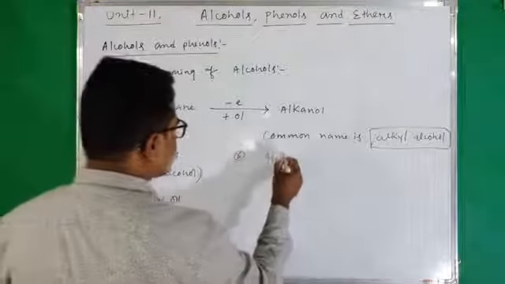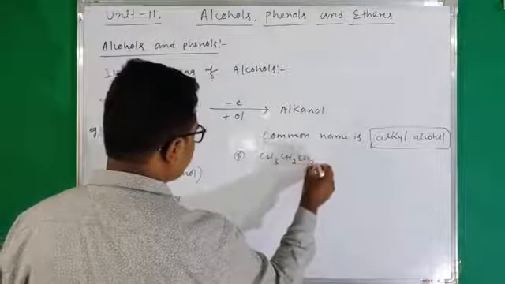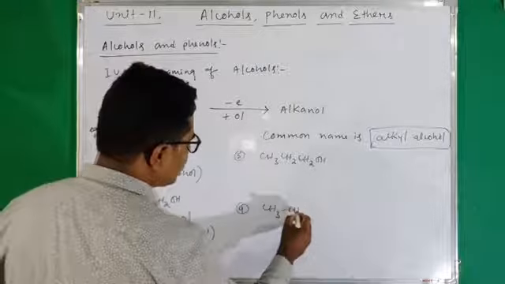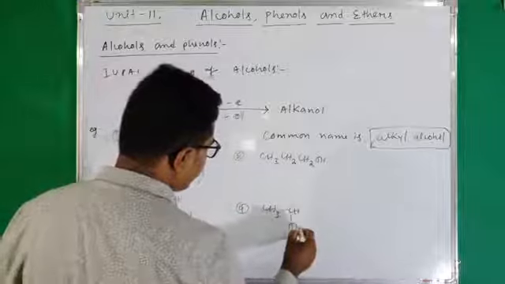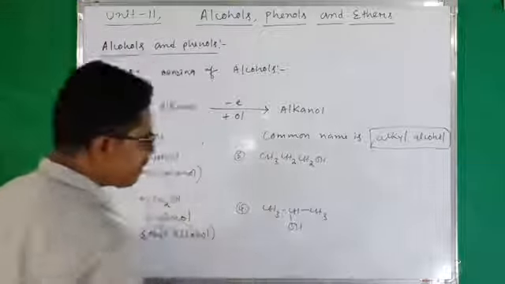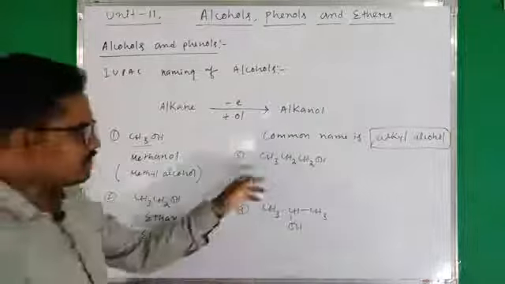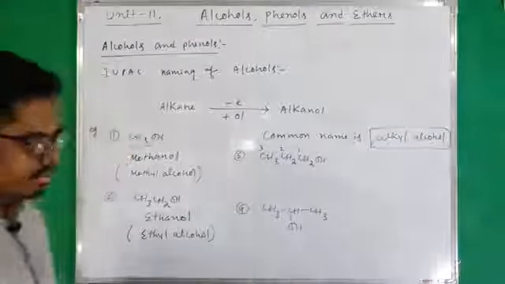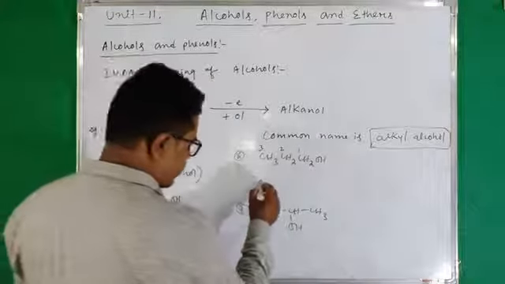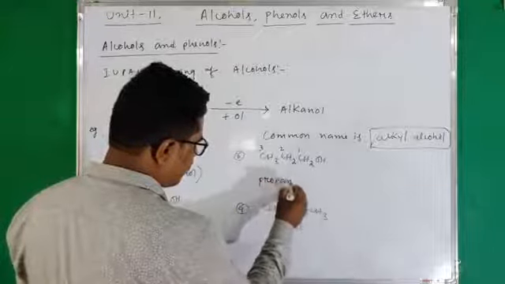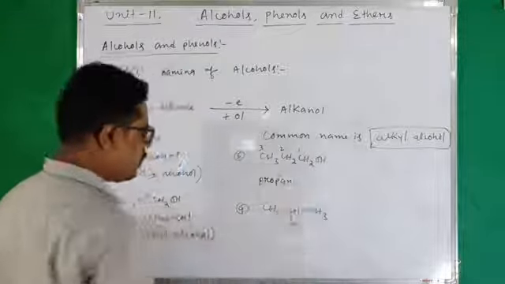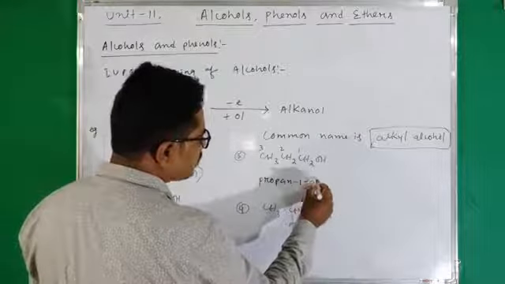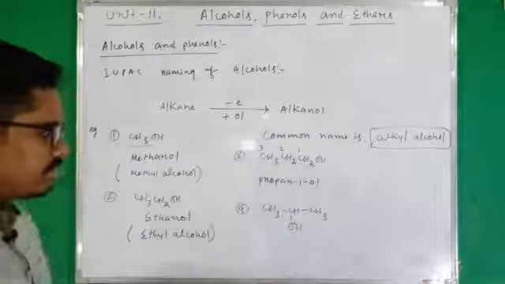Let us consider another example. Suppose this one, CH3CH2CH2OH, and then another one, CH3CHOHCH3. In the first, there are 3 carbons present, therefore the hydrocarbon is propane, but we have to remove the E and now add OL, mentioning the position of OH.